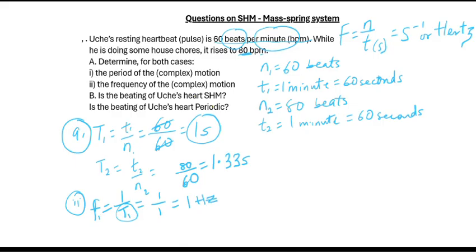So that's the frequency. And the second frequency is 1 over T2, which is 1 over 1.333 seconds, which is going to give us 0.75 hertz. So that's how you tackle this type of question.